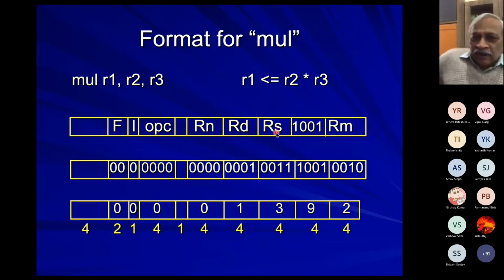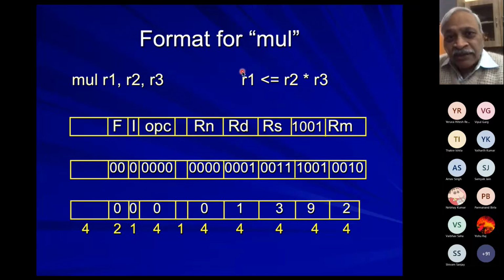So it's a different format than the add instruction. And there is a fourth register field which is not used for the multiply instruction. It is used for a multiply accumulate instruction which combines addition and multiplication. So we'll talk of that later.